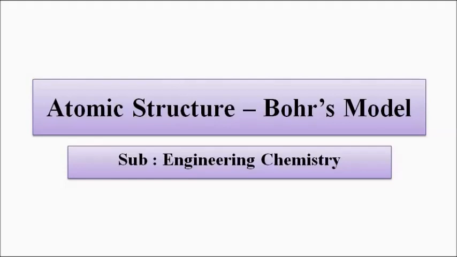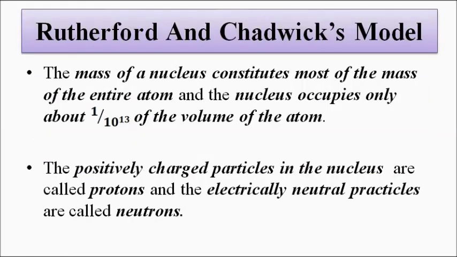Before we go into detail on Bohr's model, let us have a quick look at what Rutherford and Chadwick's model was all about. According to Rutherford and Chadwick's model, the atom consists of three subatomic particles: electrons, protons and neutrons.